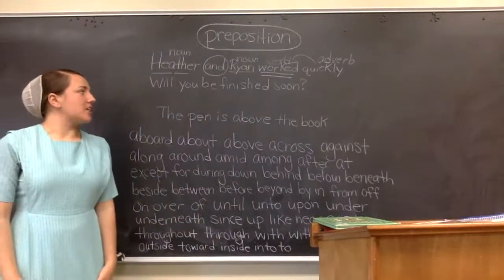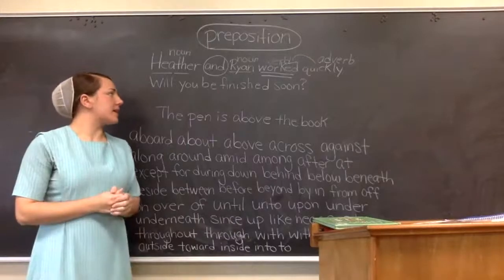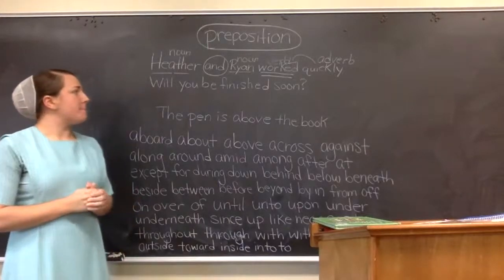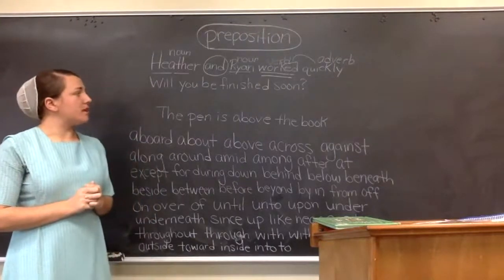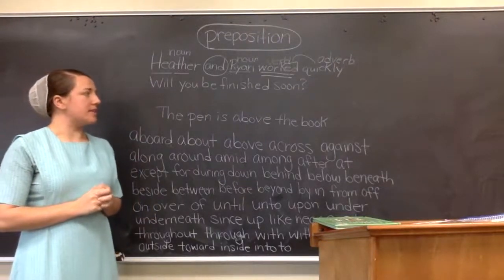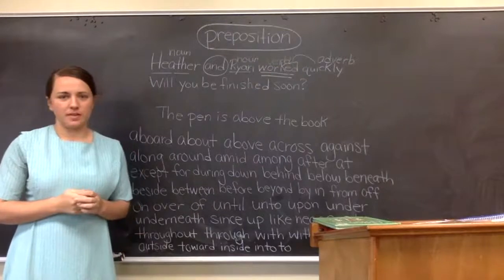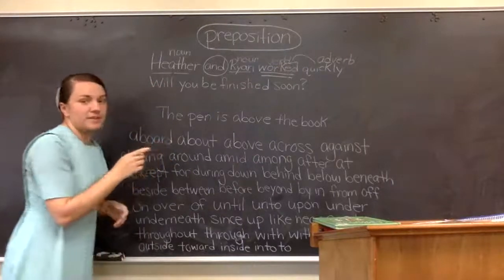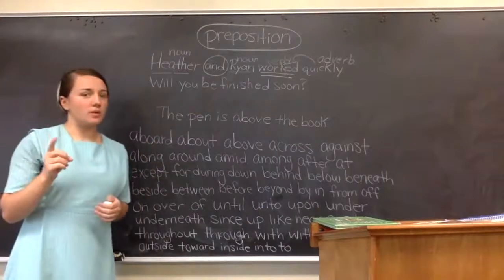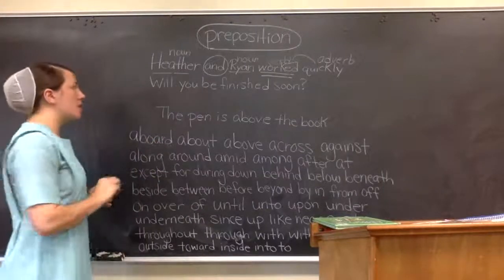What is the action? What is happening in the second sentence? Will you be finished soon? What do you think is the action here? Now, the action here is, look carefully, this is a verb phrase. It's not just one word, it's actually 3 words.